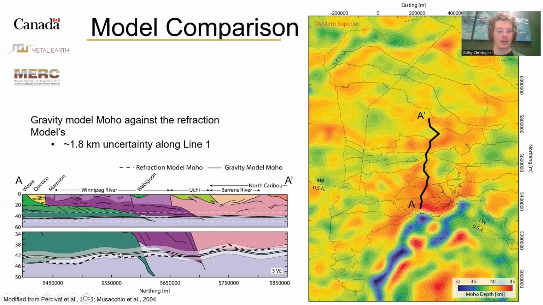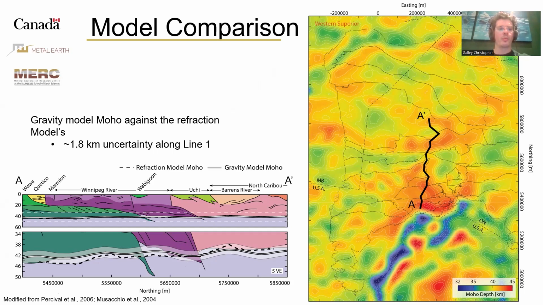In color is the interpreted reflection, but the refraction, which is more accurate since fewer assumptions are made in the velocity model of the crust, lines up well with our gravity model. This line is the Moho for the gravity model, and this white transparent window is the uncertainty of the model. So the refraction fits well within that.